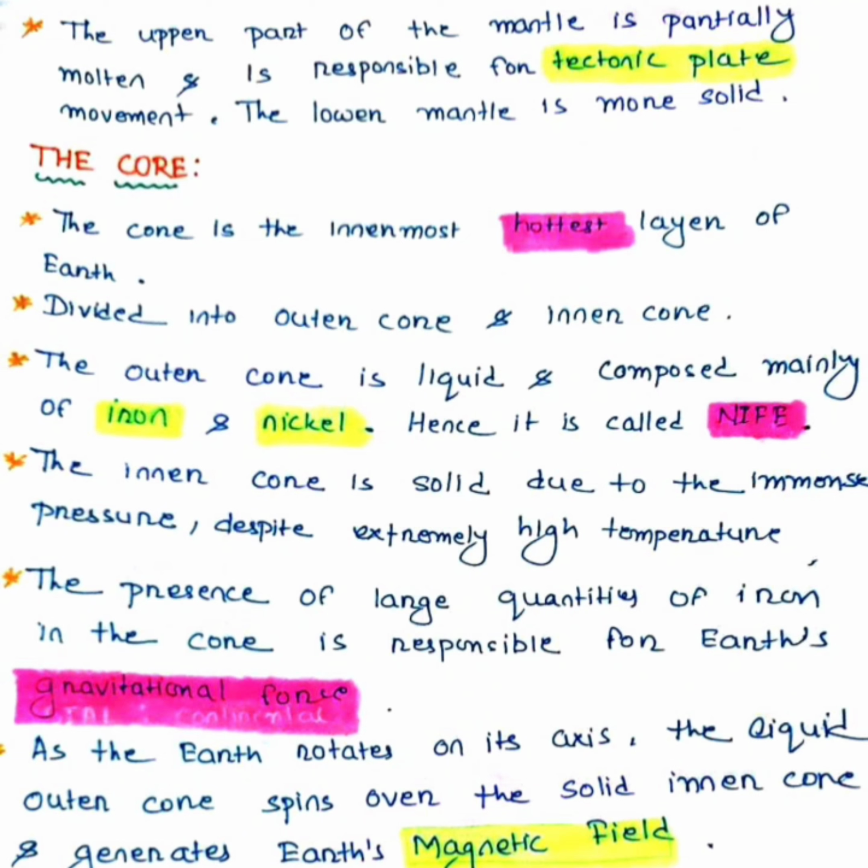How? As the Earth rotates on its own axis, the liquid outer core spins over the solid inner core, which generates the Earth's magnetic field. So the core is responsible for the generation of magnetic field as well as the gravitational force of the Earth, and it is the innermost layer of the Earth.